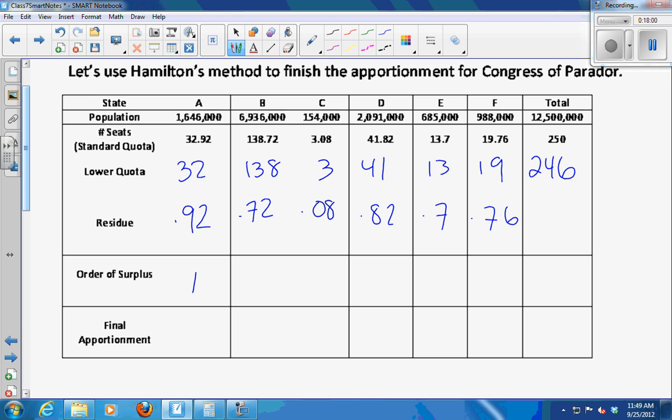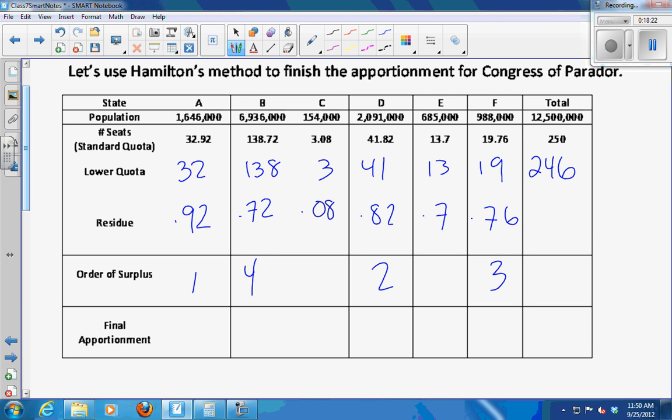So it's 246 seats, which is 4 shy of the 250. So .92 gets one. .82 is going to get the next one. Then 0.76 and 0.72. So that's how I decide who gets the seats.